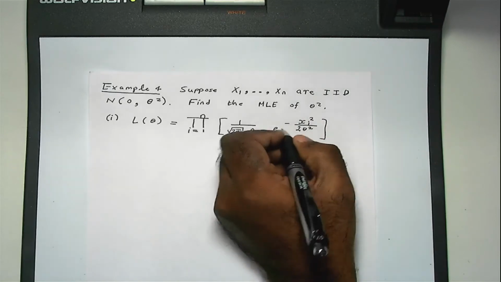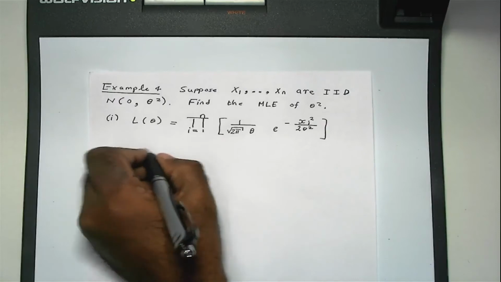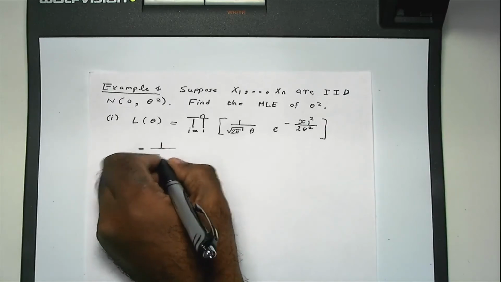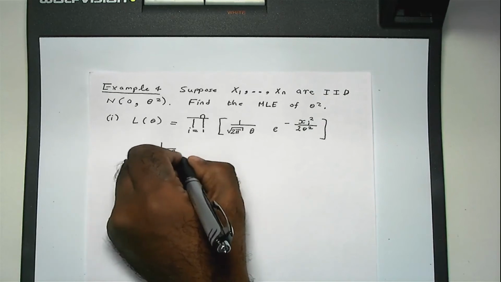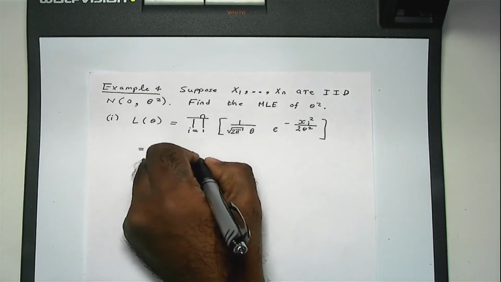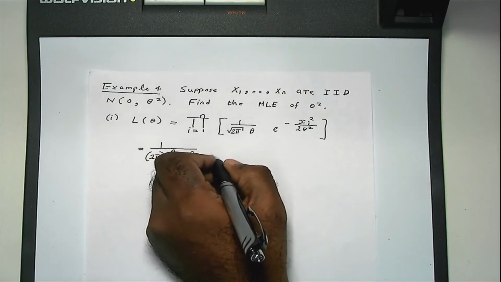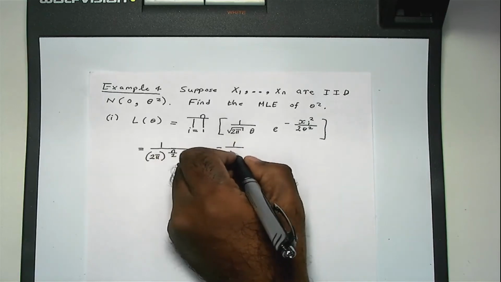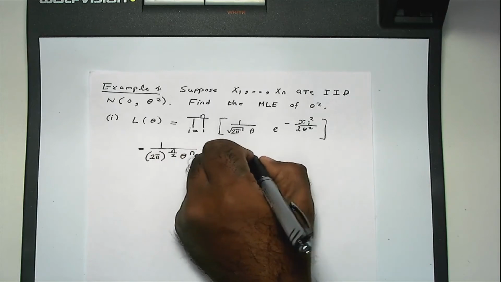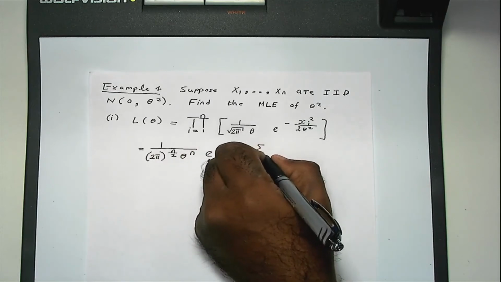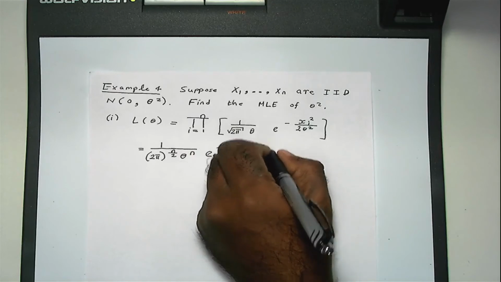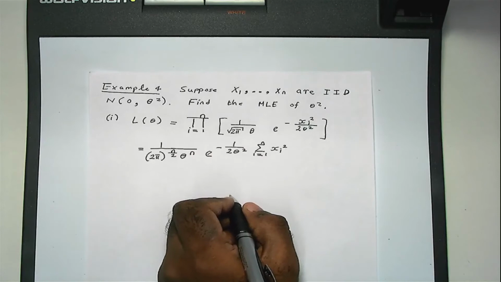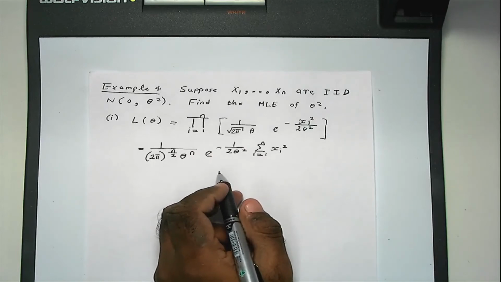And taking the product of this, you get, so this is the likelihood function.